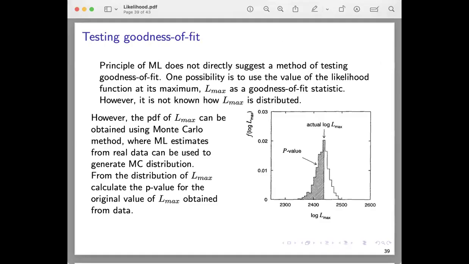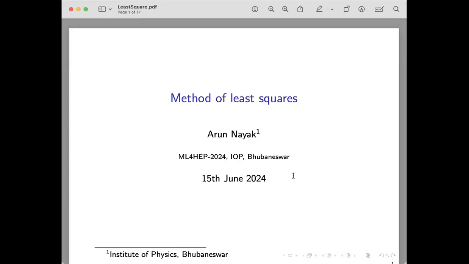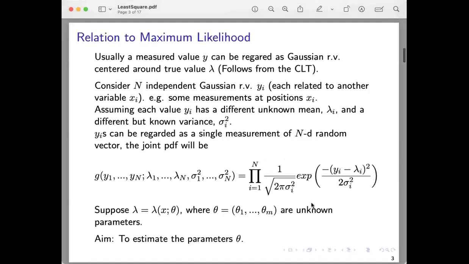So let's come from the other direction. Let's discuss first the least square method.